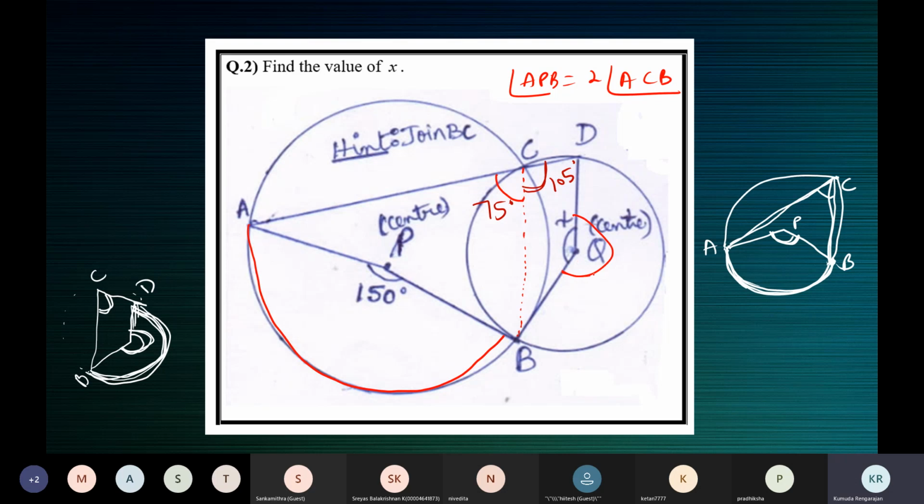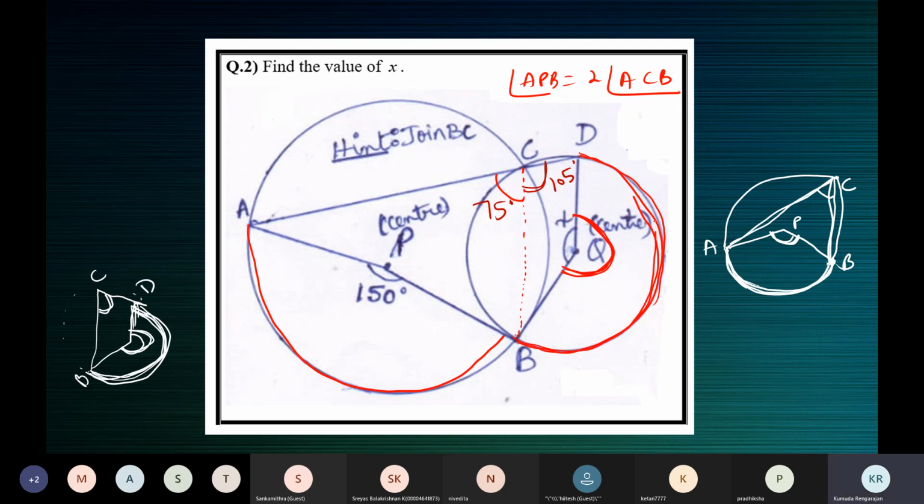Because this angle BQD is subtended by this major arc BD. This major arc BD subtends, see, go in the direction of the arc, the reflex angle BQD. Because it's the major arc, it will make a reflex angle at the center.